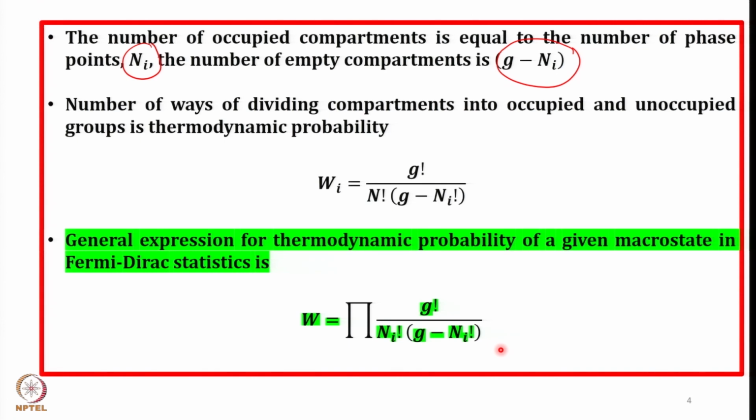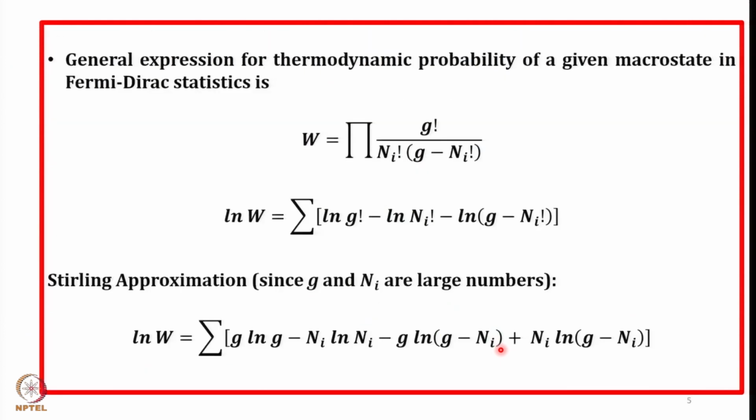We also discussed that W sometimes is not very easy to take forward for derivation of other equations, rather it is log W. So instead of W, if you work on log W, you will see that the derivation of the rest of the equations becomes easy. So once we have W, which is the product of G factorial over Ni factorial into G minus Ni factorial, as usual take the logarithm of this.